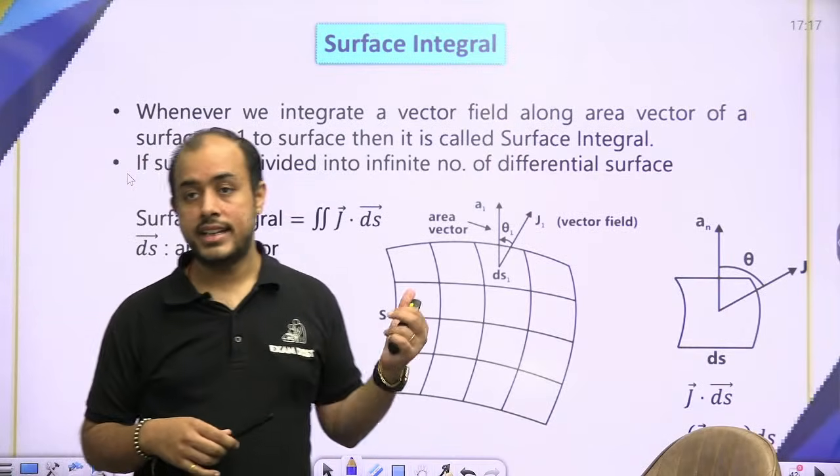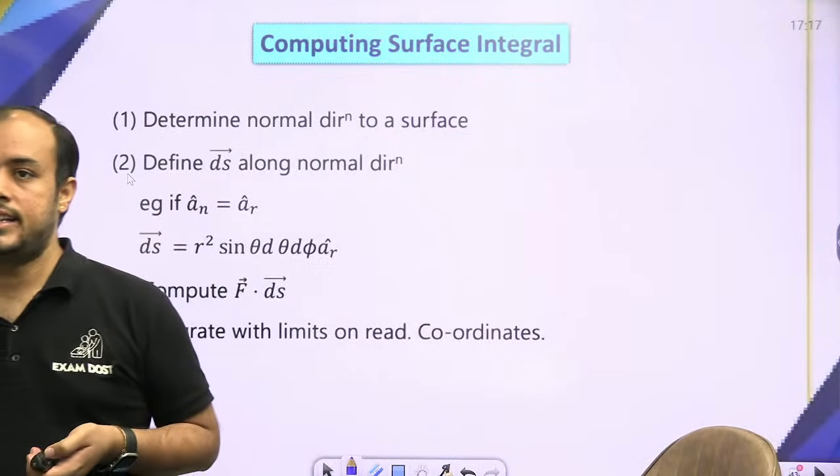Now beta, when you integrate this, you get the surface integral.